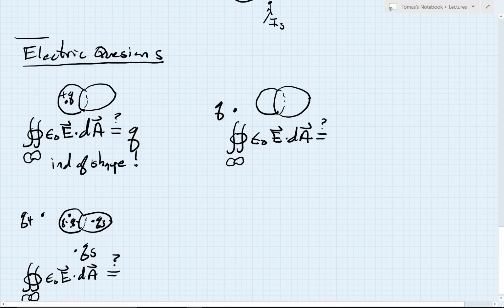The next scenario is where the charge was outside the surface. Well, you can see how this is going to go. It's outside the surface, so there will be electric fields coming outward from that particular charge, but they're going to go into the surface on this side, say, which would make minus contributions as they go in there.